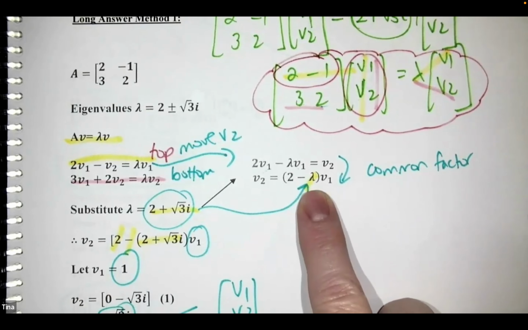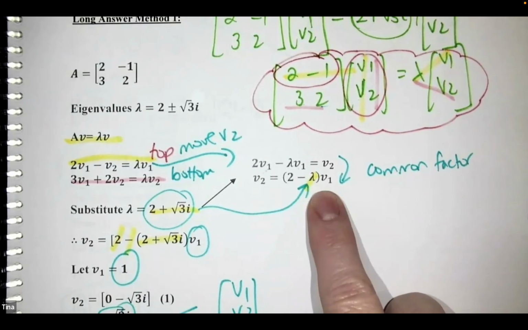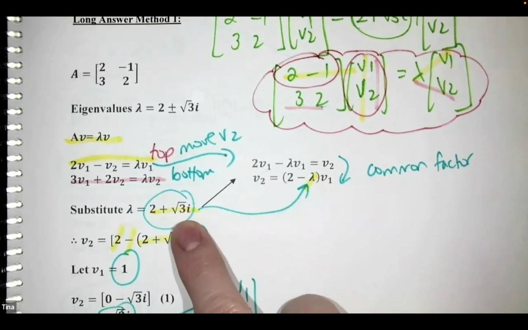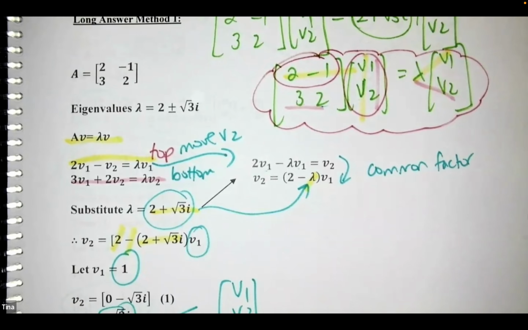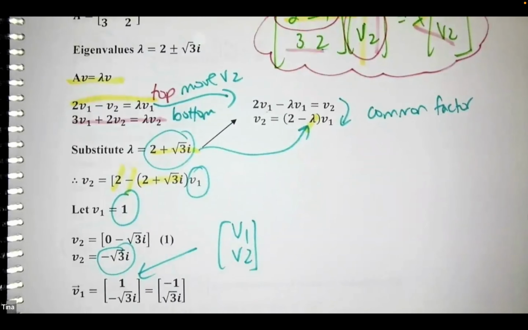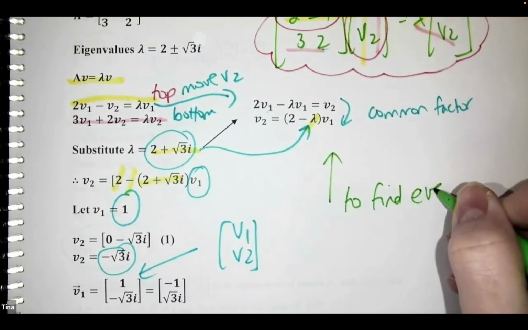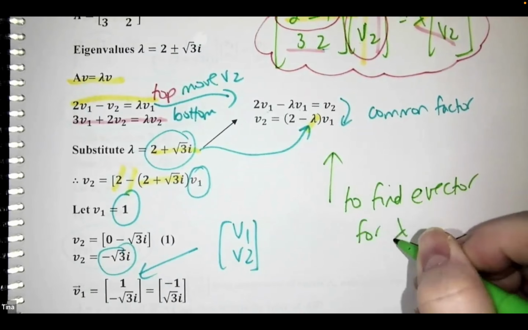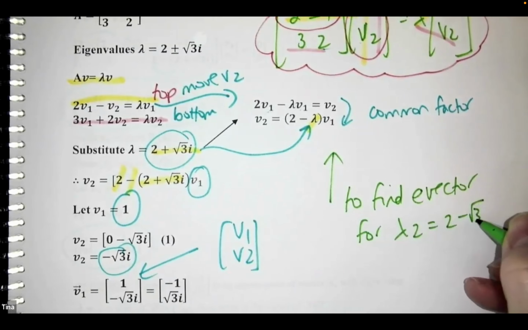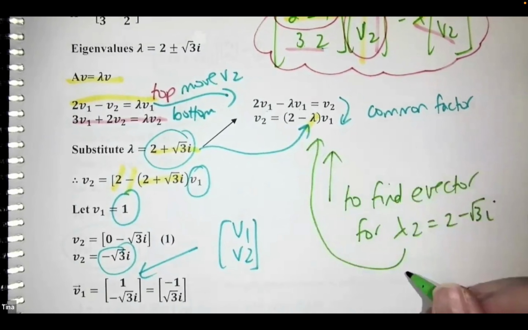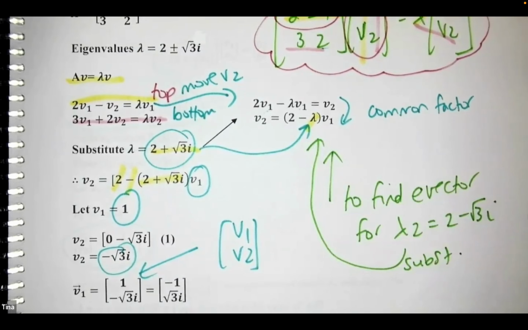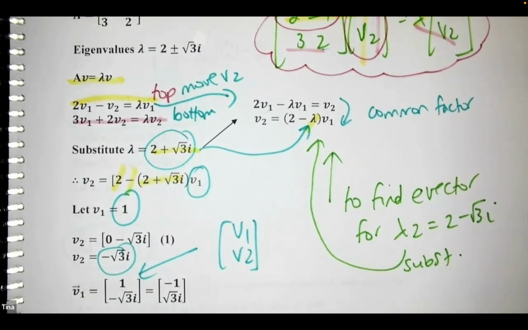Of course, I could do the same thing for 2 minus root 3i to get the other one, right? So to find the other eigenvector for lambda 2 equals 2 minus root 3i, you can substitute that in.